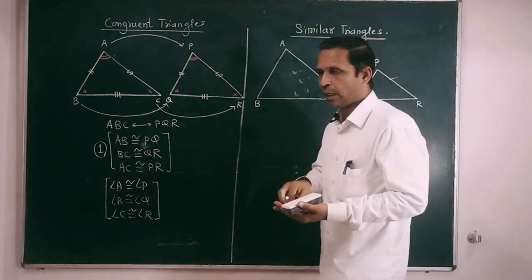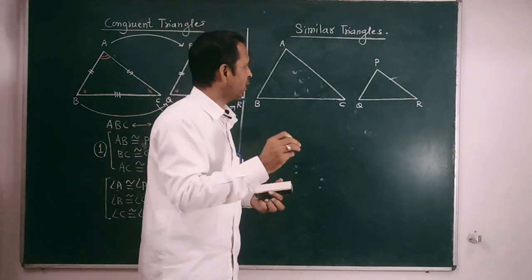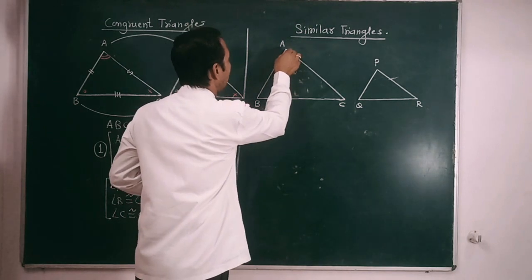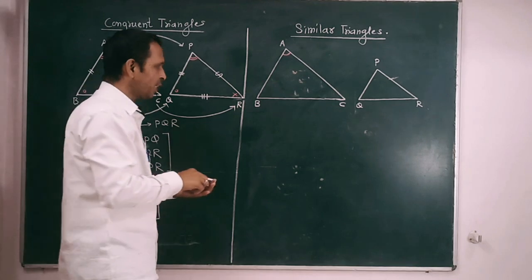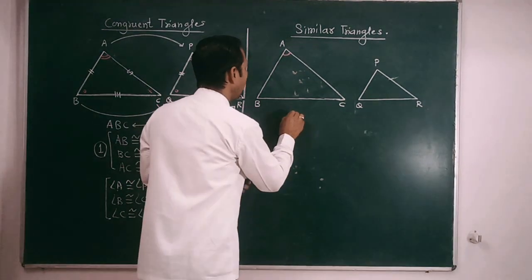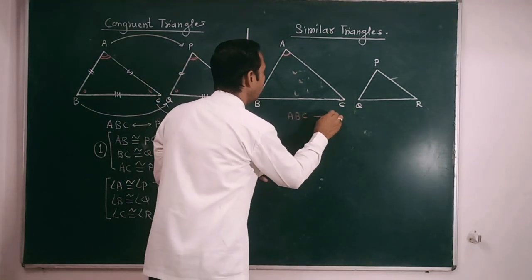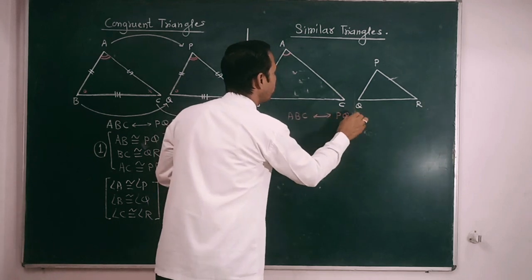Now in these similar triangles, if you measure the angles, again we make a one-to-one correspondence between the vertices of the triangles. ABC corresponds to PQR.